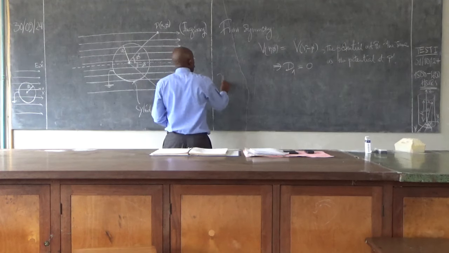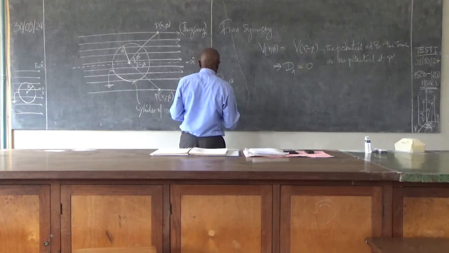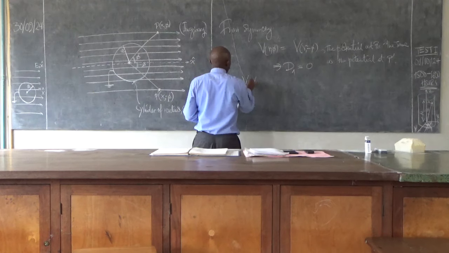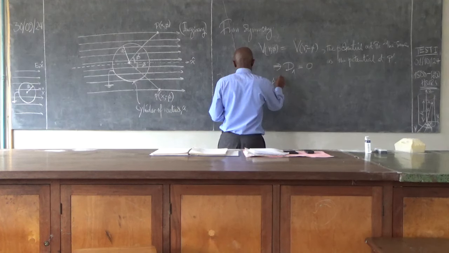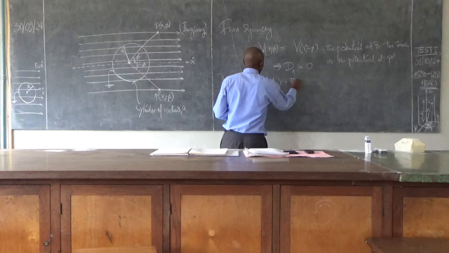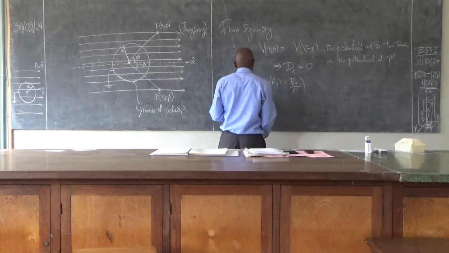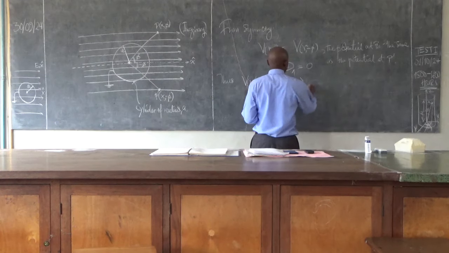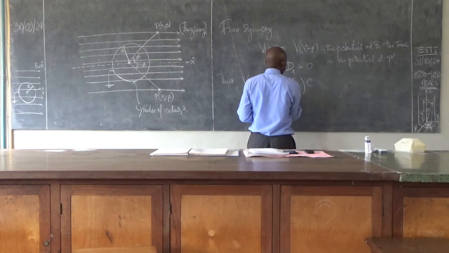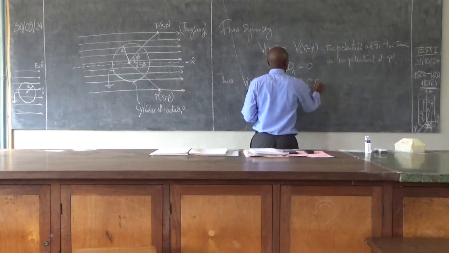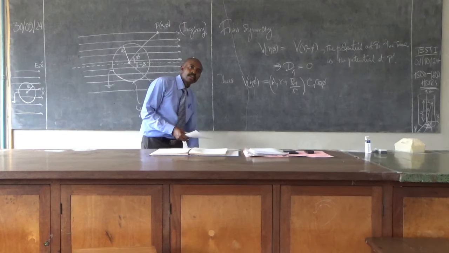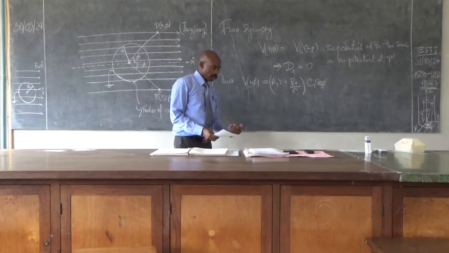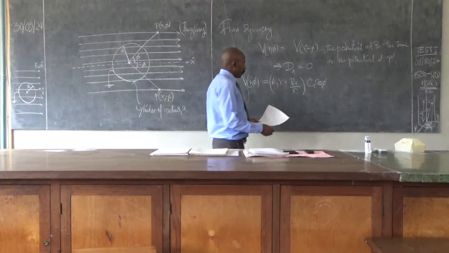Thus we can simplify things a bit: V(R, phi) will be the same as (A1 R plus B1 over R) in the C part, so it's only C1 cos phi, since D1 sin phi will kill everything on this other side.